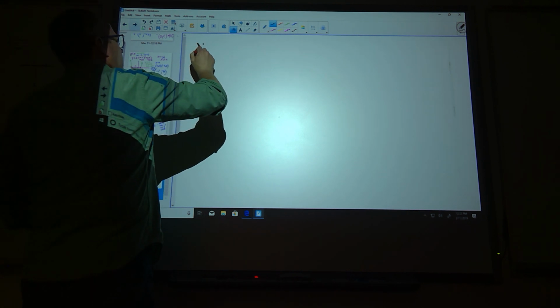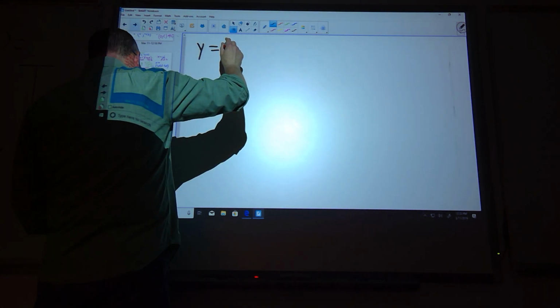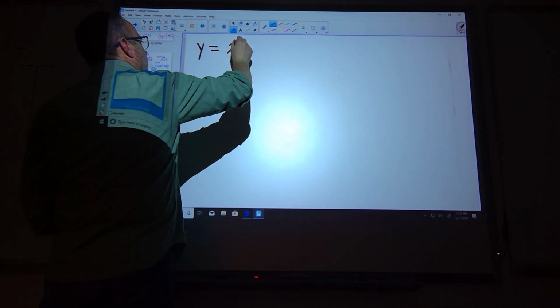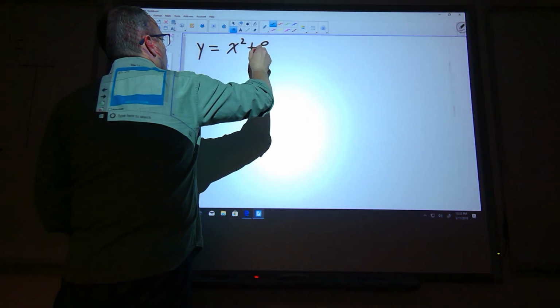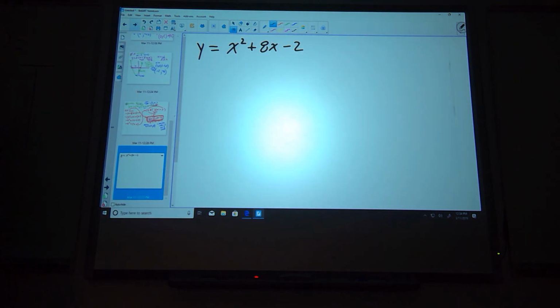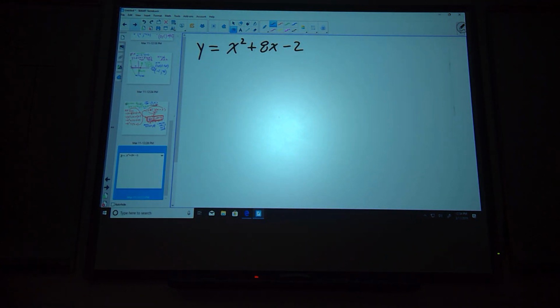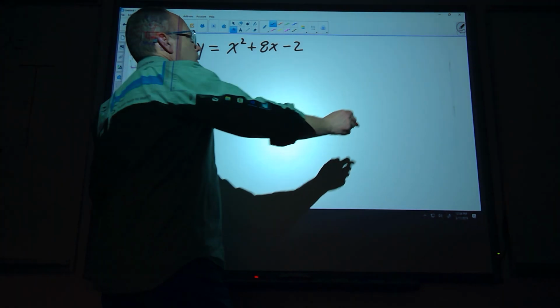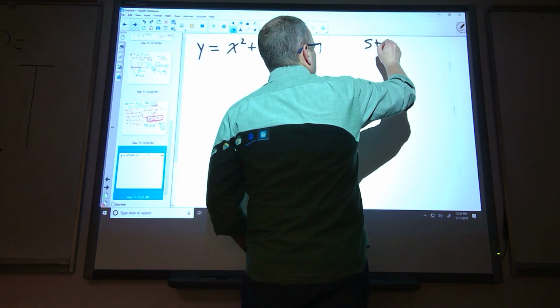And we are going to take this problem and we're going to complete the square. Okay? On the back, yeah. So let's complete the square. So what form is this one in right now? Standard. Okay.